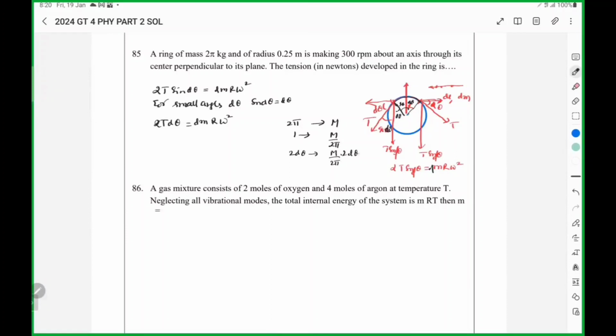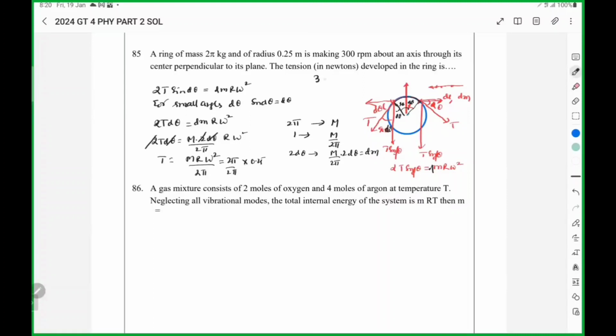2T dθ is, in place of dm, 2π r ω². The 2 gets cancelled, dθ gets cancelled. T here is mass, it is 2π, radius 0.25, 300 revolutions per minute.